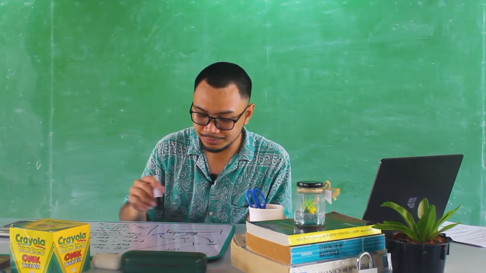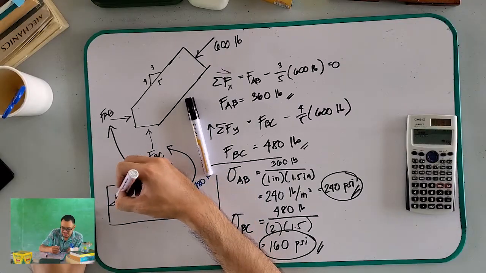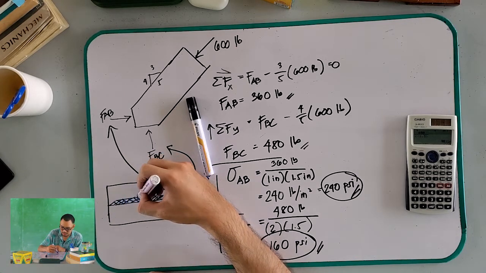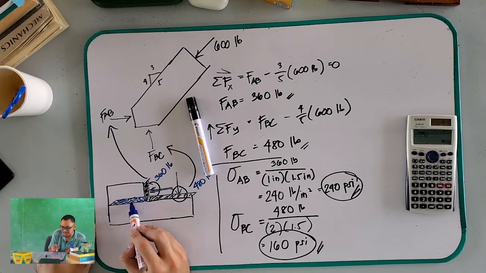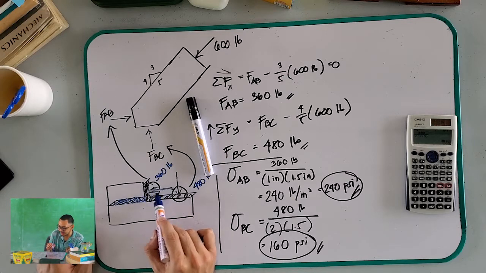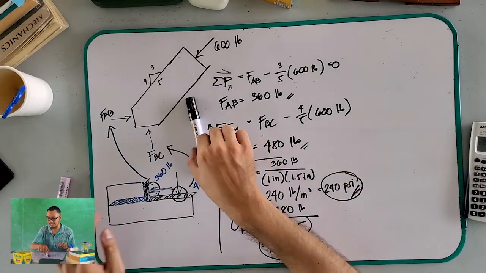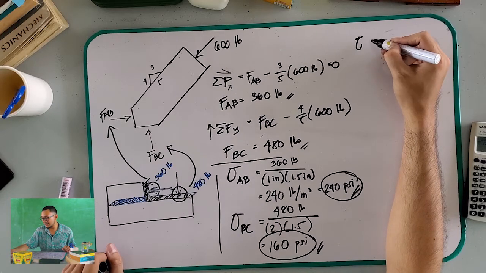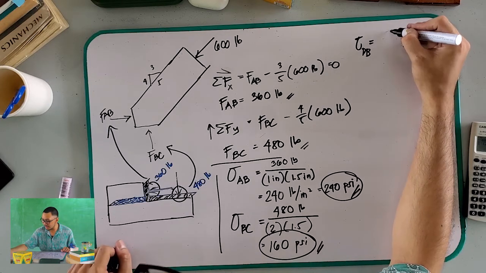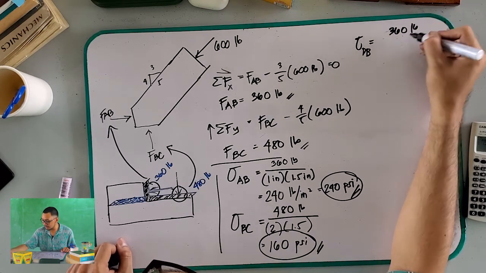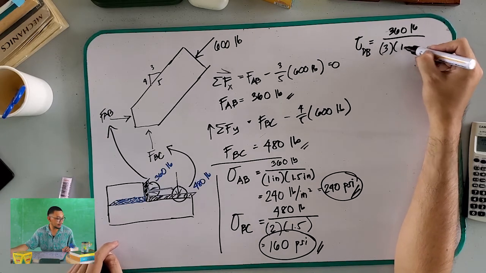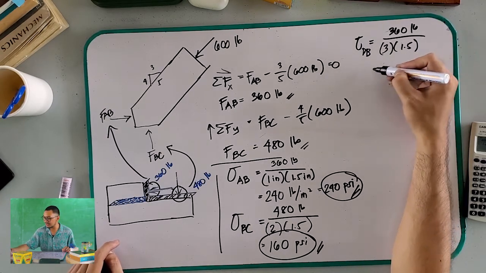And finally, your shear stress at DB. This is your area, and the force should be parallel to that area, which is this one. So the shear stress of DB is equal to 360 pounds divided by the area of 3 inches times 1.5 inches.